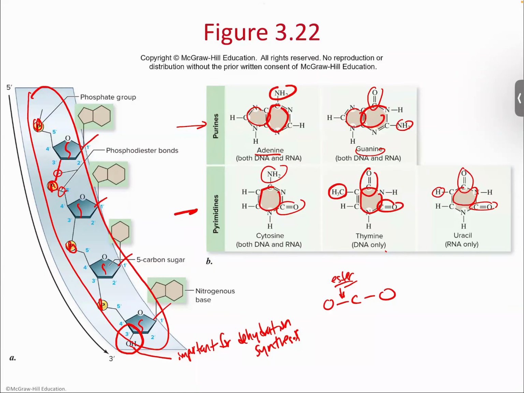Because what do you need in order to add the next nucleotide in line by dehydration synthesis? You need the components of water, right? Remember when we looked at the dehydration mechanism, we said that one of them has to have an OH on it and the other one has to have an H on it. So you have the components of water involved so that you can do your dehydration synthesis. Well, this OH on the 3' end is the OH for dehydration.